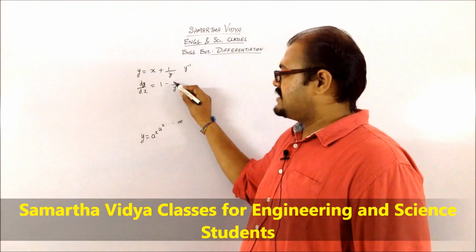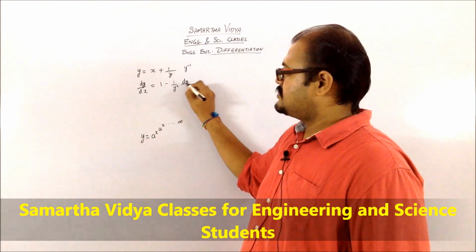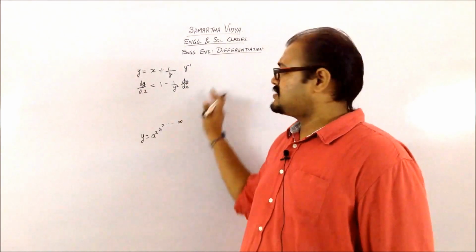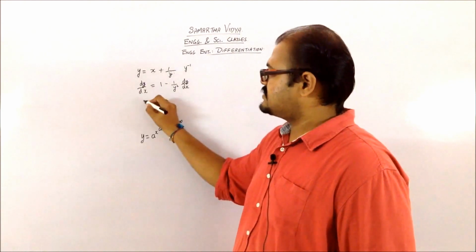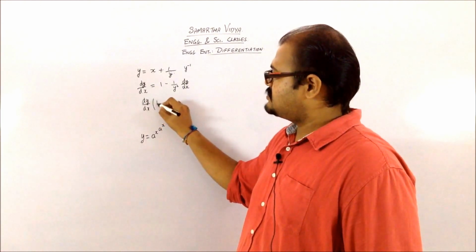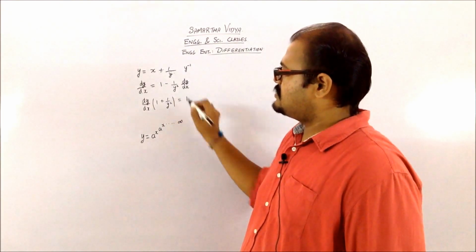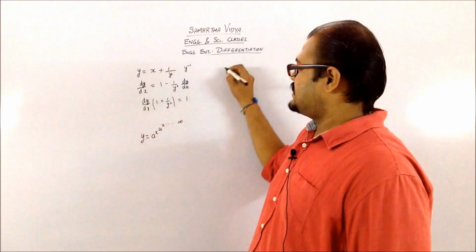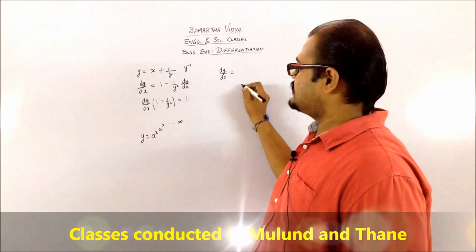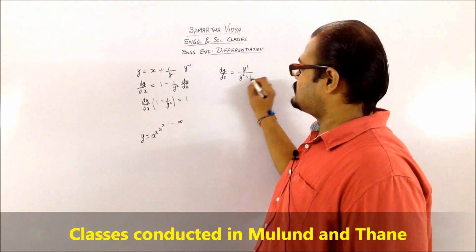That's basically minus 1 upon y square, and since it was not x, you will have dy by dx also present with it. Taking the dy by dx terms together, you have dy by dx into 1 plus 1 upon y square, which is equal to 1. From that, dy by dx is nothing but y square upon y square plus 1.